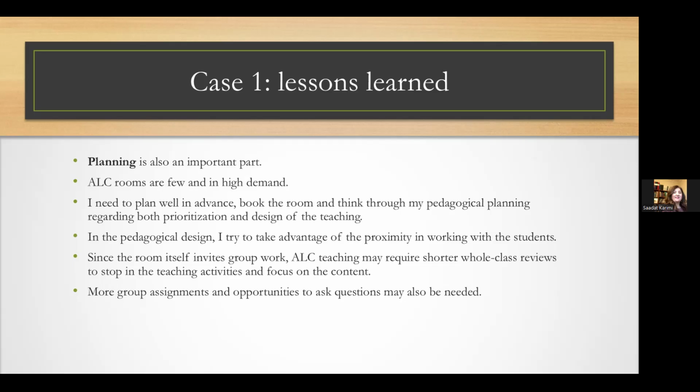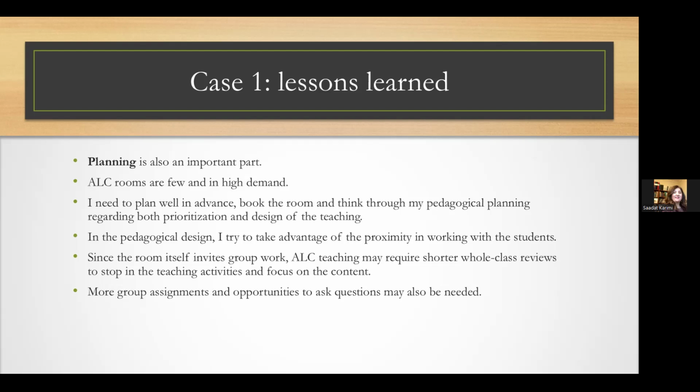Being able to develop my teaching on site in ALC together with the students feels important and necessary. Even so, there are students who, due to various circumstances, cannot cope with the environment in the room.